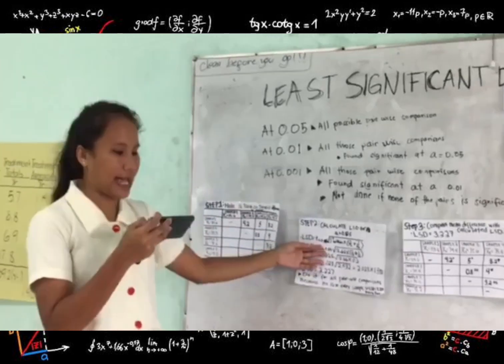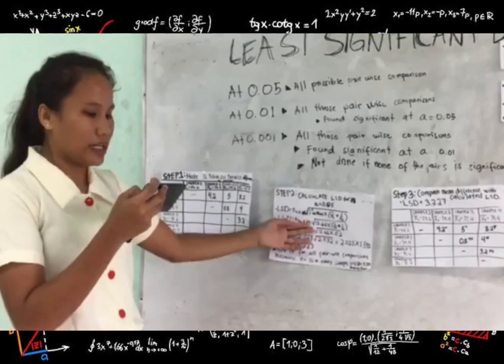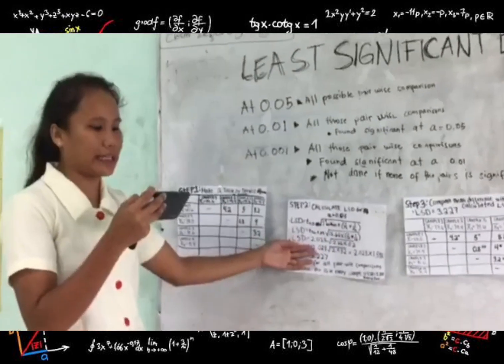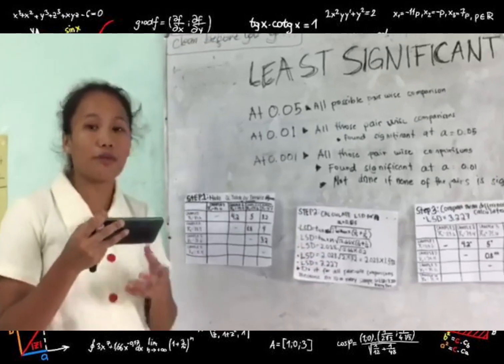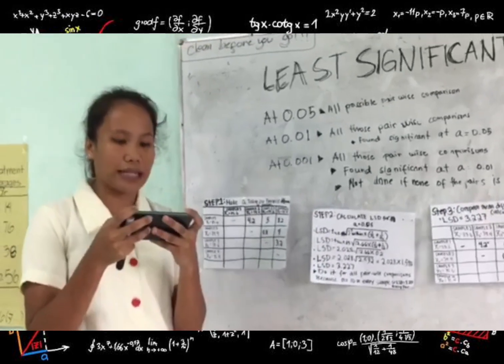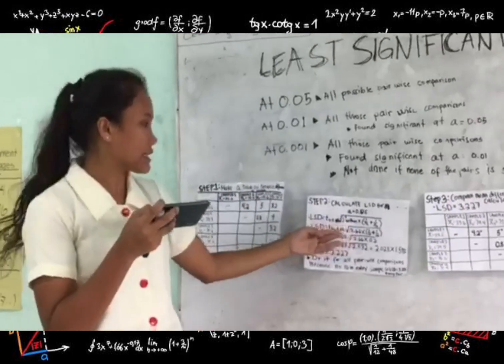This is the formula. You see that the alpha level is now represented by 0.05 because we are doing it at the significance level of 0.05. In the example that we are taking, the degrees of freedom within is 36.